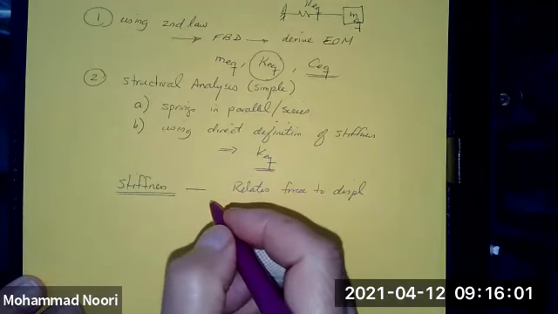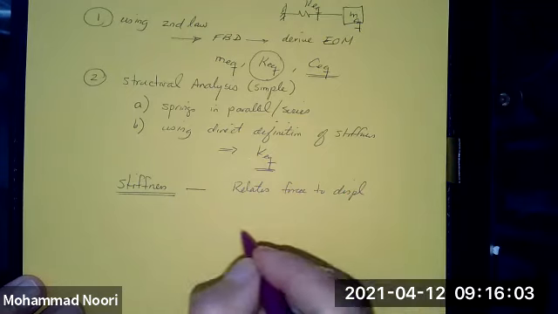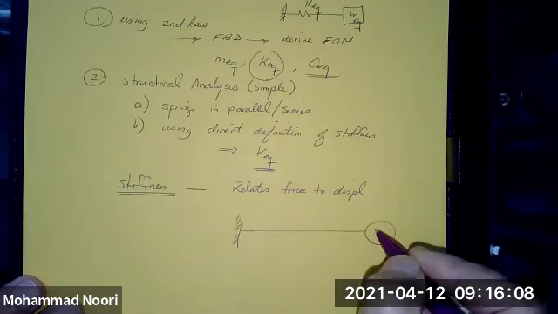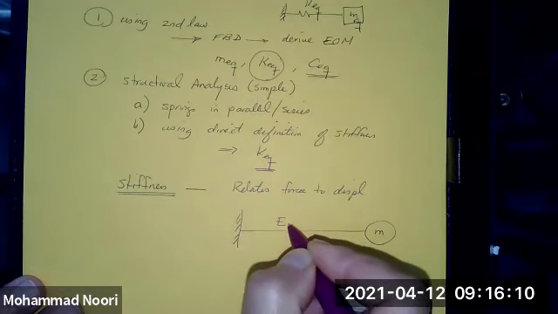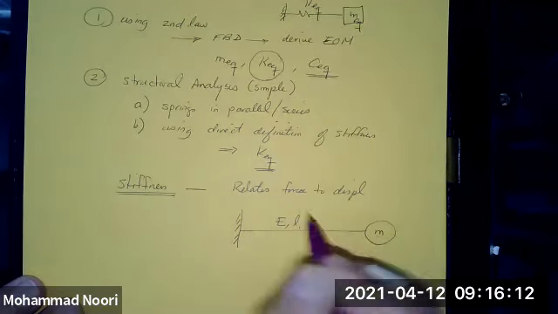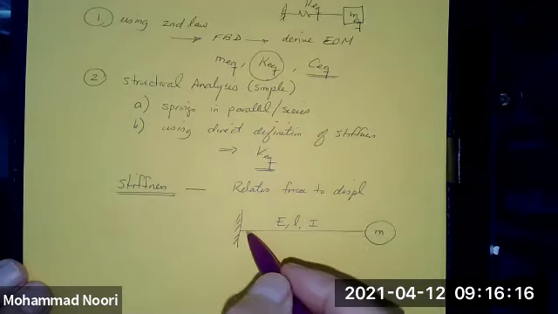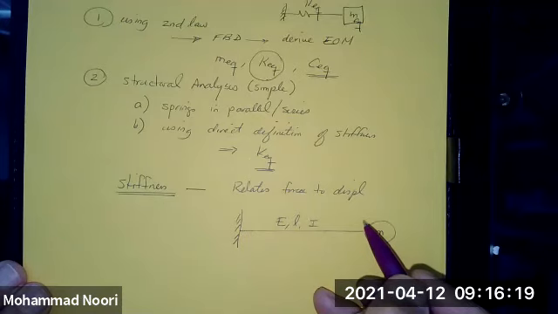And in order to find that, let's say if you have a beam, okay, with a mass at the tip, which has these properties. How do you find the stiffness of this beam?